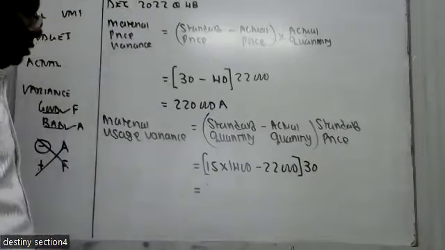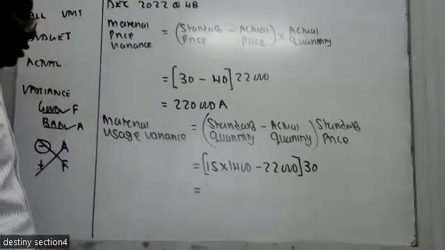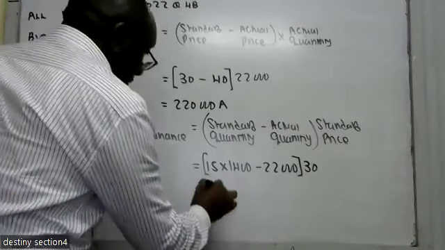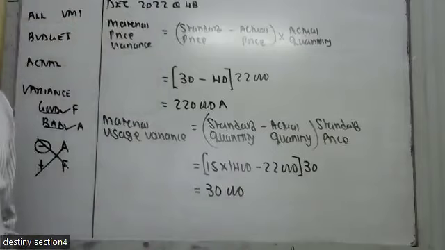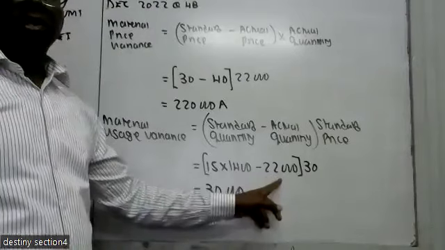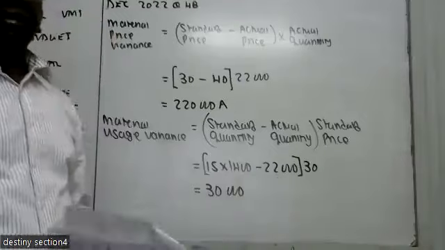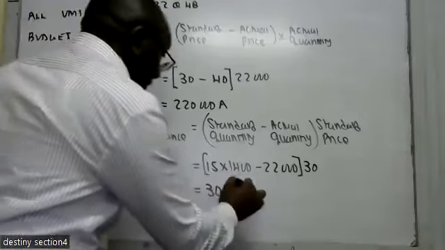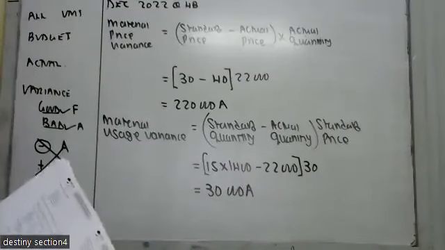After you have multiplied. That is 21,000 minus 22,000. Okay, 30,000. Now, is it positive or negative? Negative. So, negative. It means we used more than what we should have used. So, if you use more than what you should have used, is that good or bad? Bad. So, that is bad.